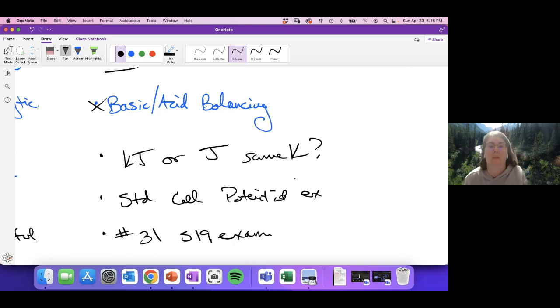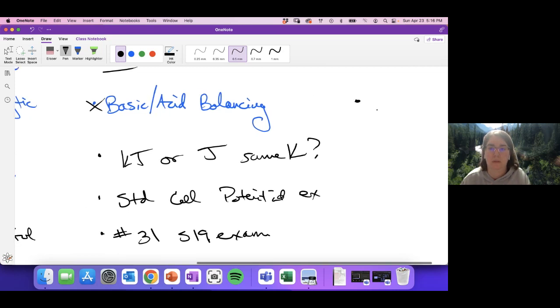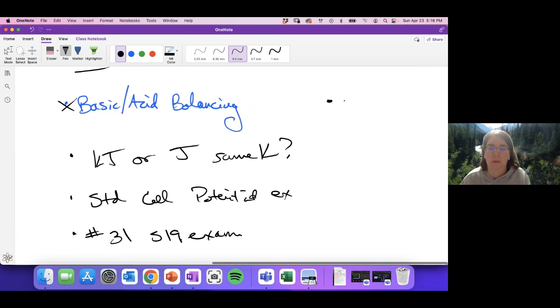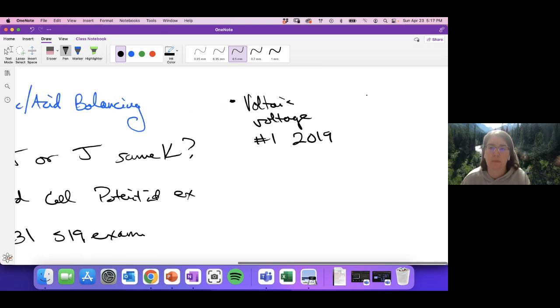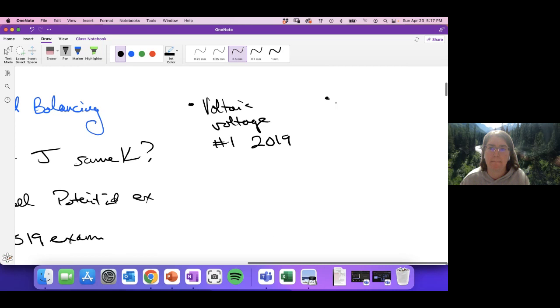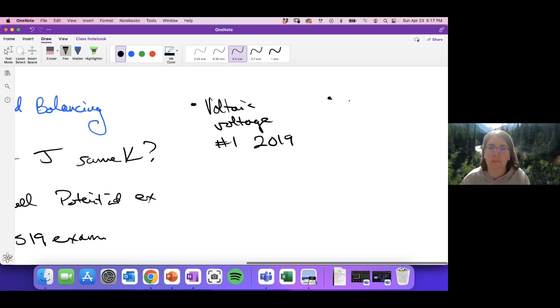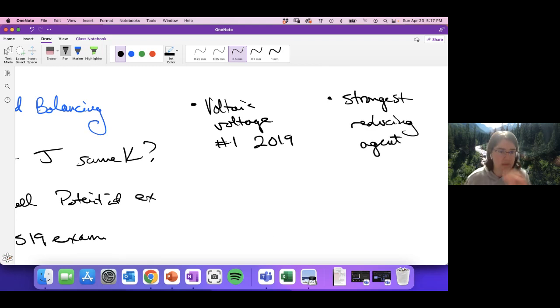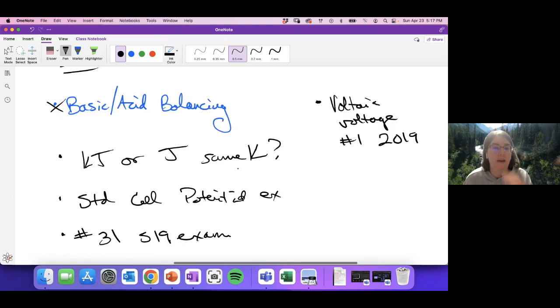Next one is, how do we know if a certain voltaic cell has a higher voltage than another voltaic cell, which is number 1 on the 2019 exam? And the last one at the moment is, how do we determine the strongest reducing agent?